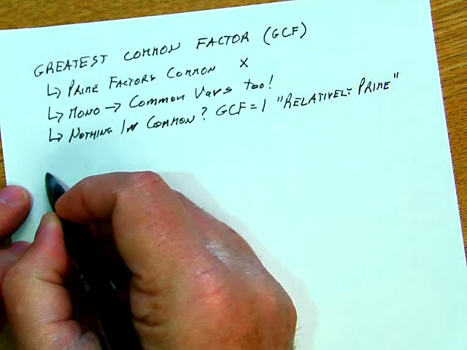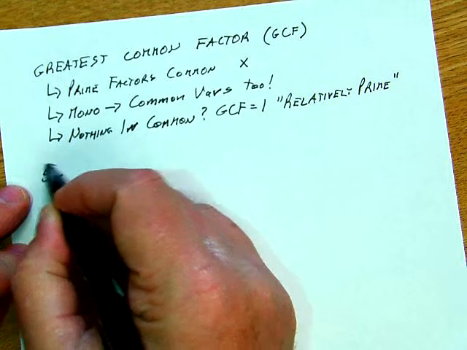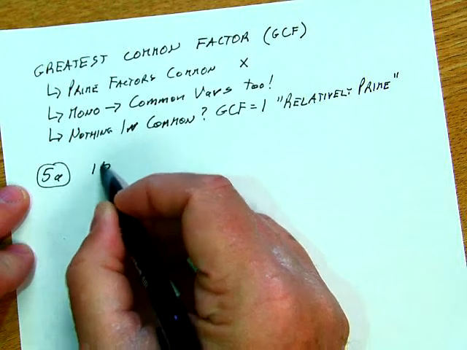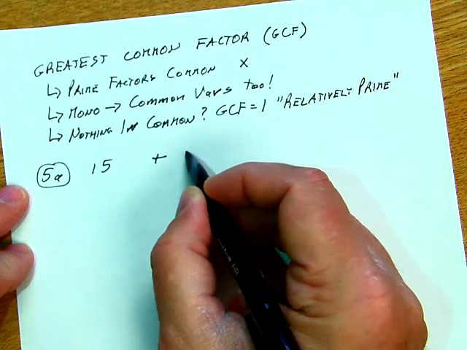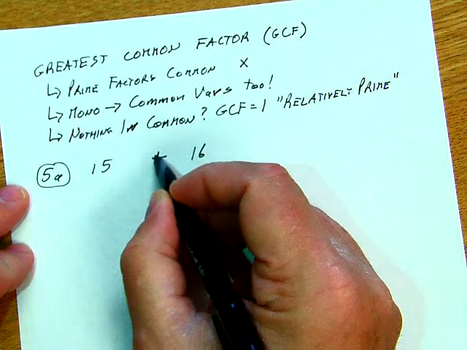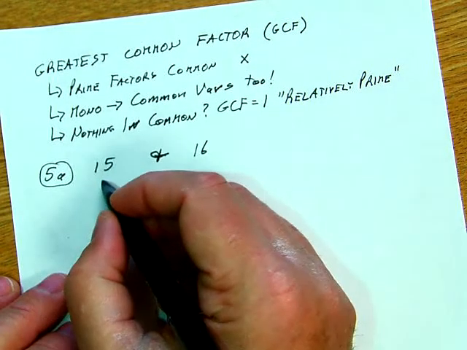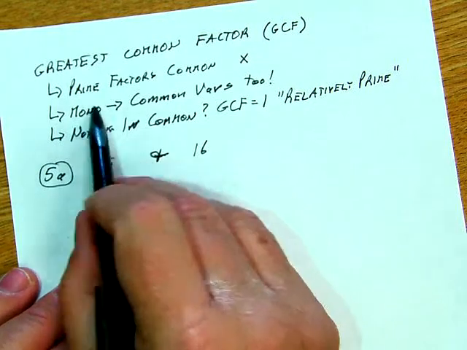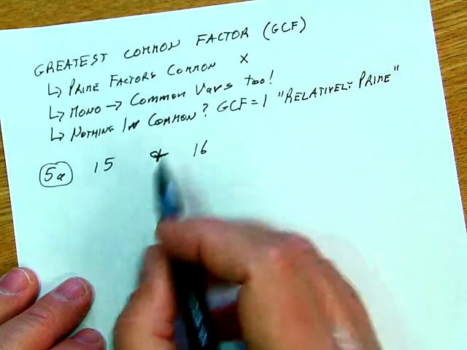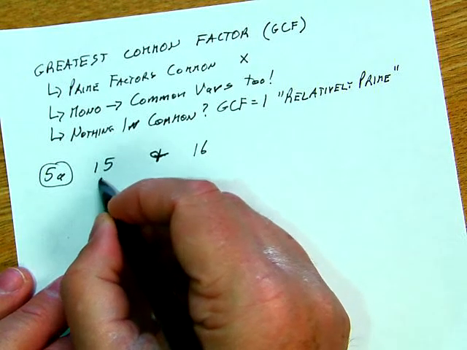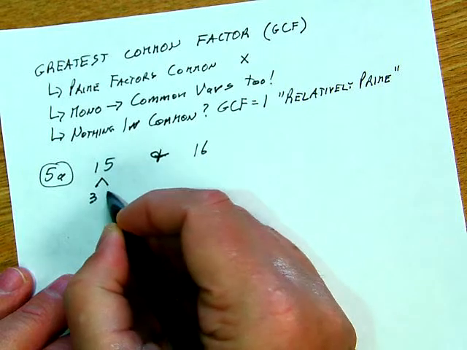Okay, let's take an example of that. Example 5 says, what if I had the numbers 15 and 16? That's an and sign, not a plus sign. And I want to know the greatest common factor. Well, I'm going to do prime factors of each one and put them in factored form. So this is 3 times 5.